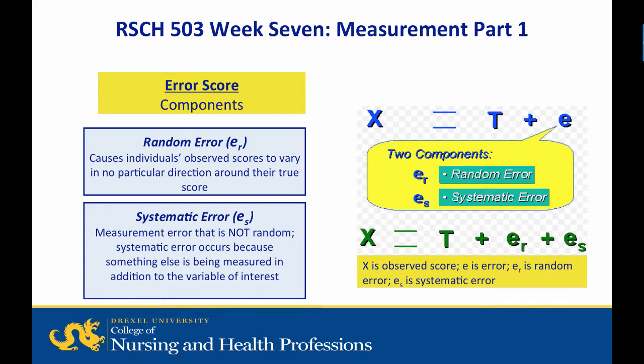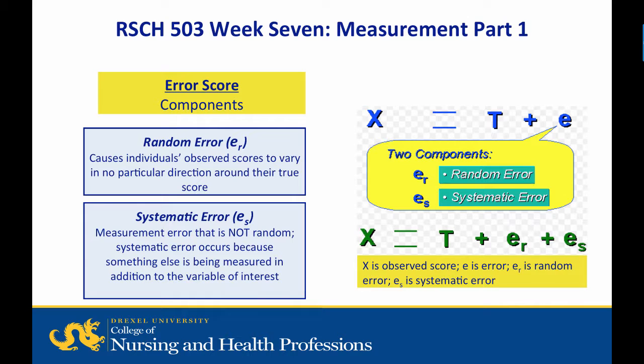In exploring the notion of an error score more fully, we can see that it has 2 parts. First, a random error component, or capital E subscript R. Random error causes individuals' observed scores to vary in no particular direction around the true score.